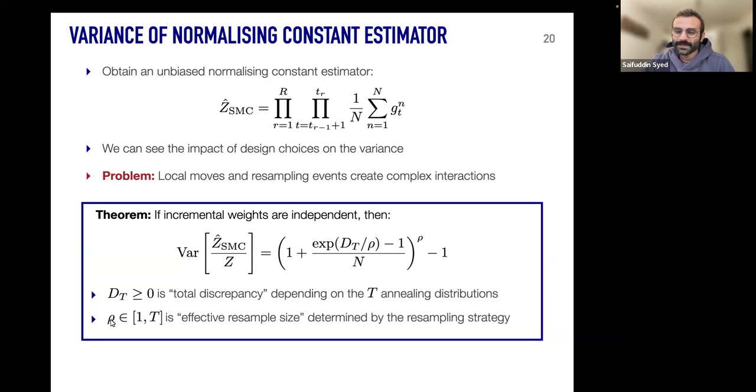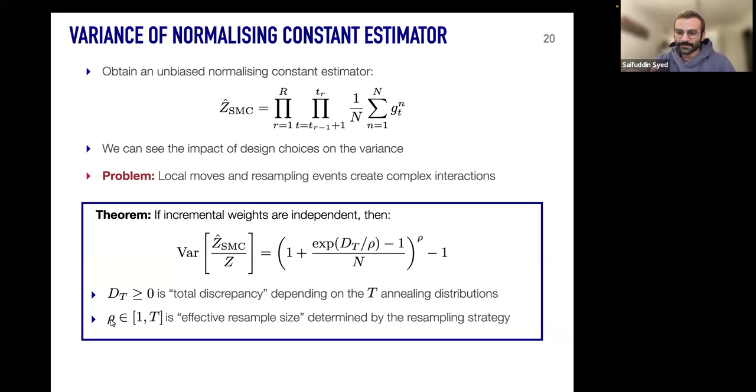And then rho is a deterministic number that lies between 1 and T, which in some sense accounts for the effective resample size. Resampling, right? I can trigger resampling events quite often, but I may not be gaining the value if I'm resampling at bad times.